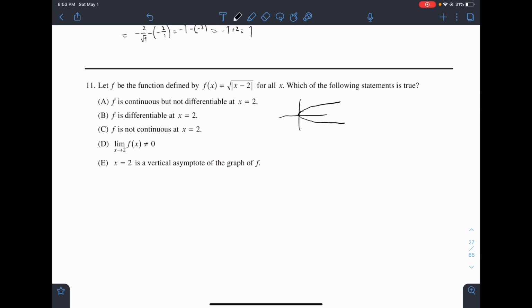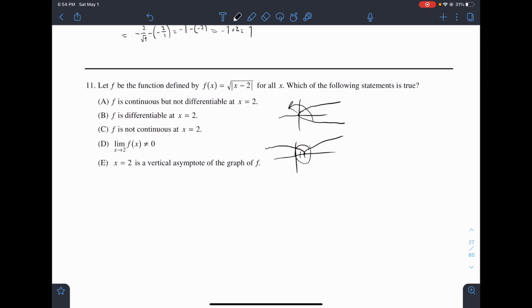When we take the absolute value, we flip this up to this quadrant here. It'll be centered at x equals 2, since it's x minus 2 and not x. This will go like the normal square root function, and then this will be flipped according to x minus 2. So there's a corner here at x equals 2.